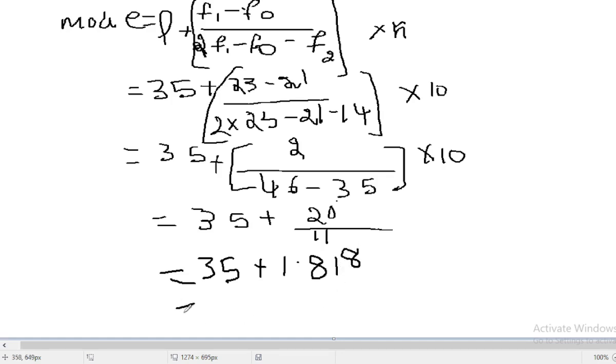Here the final mode is 36 point, taking only one decimal point, so the mode of the class is 36.8. That's it about the mode of the class.